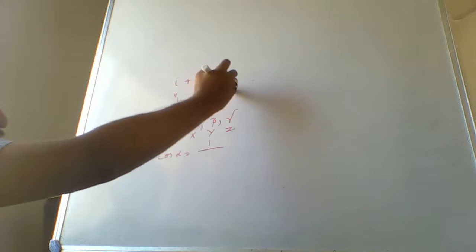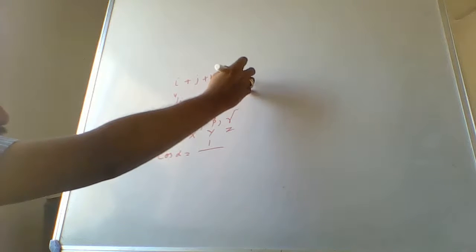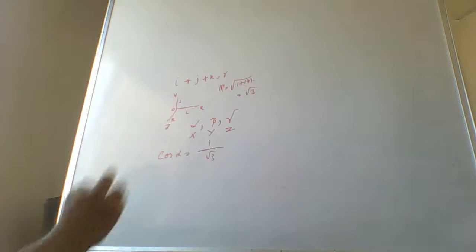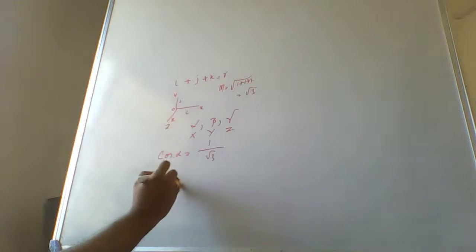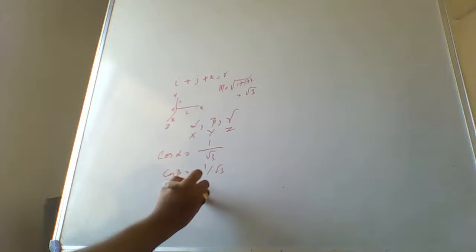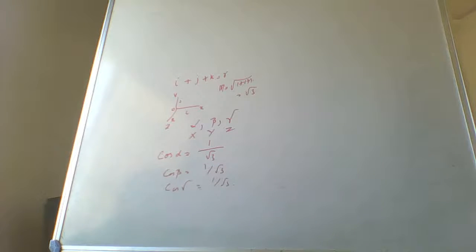If I represent this as r, the magnitude of r would be the square root of 1 plus 1 plus 1, which is root 3. So cos beta will be 1 by root 3 and cos gamma is 1 by root 3. So these are equal, which means it is equally inclined. Let us try to solve a few more problems.